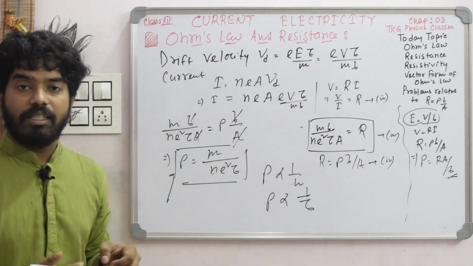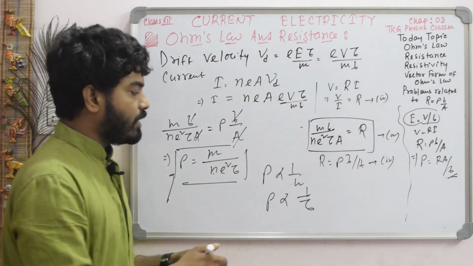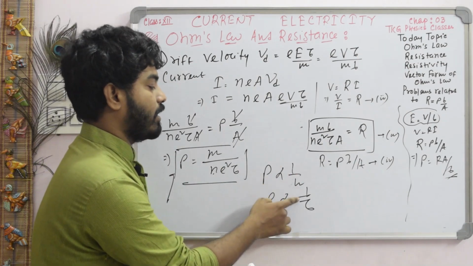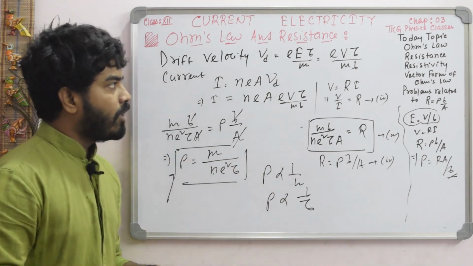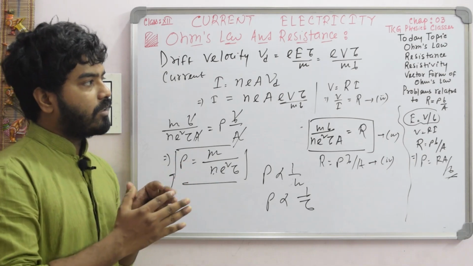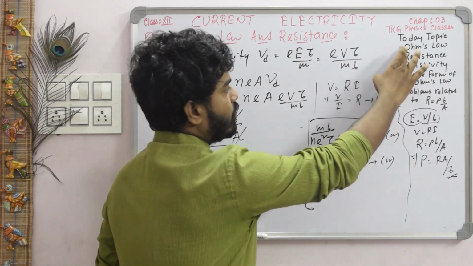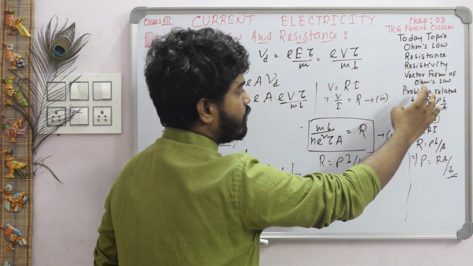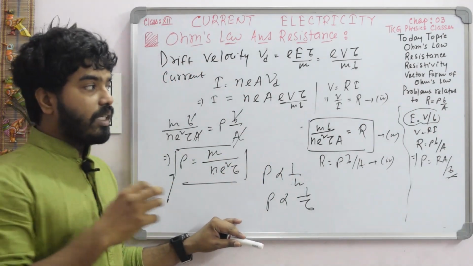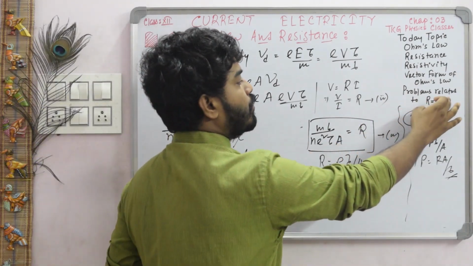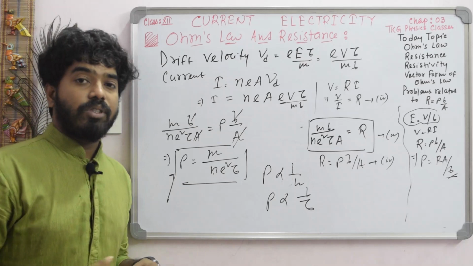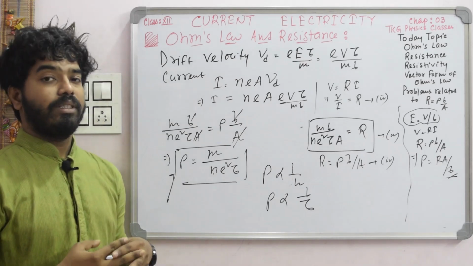Tau is the relaxation time. So resistivity depends upon these two factors, and this is a very important part. We already derived Ohm's law, resistance, resistivity, and the vector form of Ohm's law. Now using this formula R is equal to rho L by A, we will solve some important numericals.